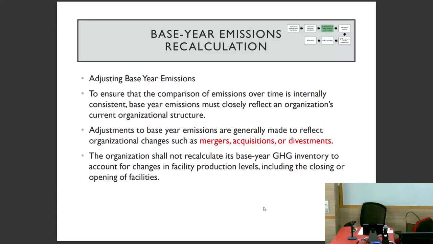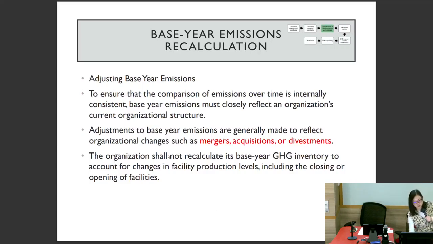So emissions of company A in 2005 compared to the emissions of the same company A in 2020. And if you have company A and company B, then in the base year also company A and company B. You see what I mean? I will explain more about how to recalculate the base year emissions.